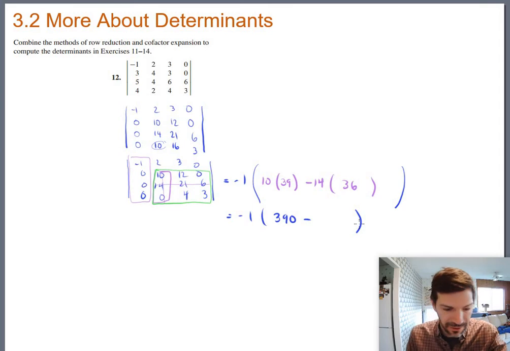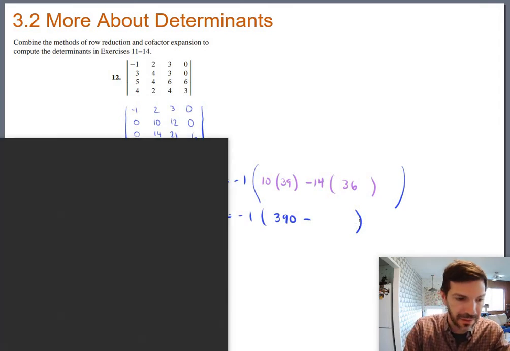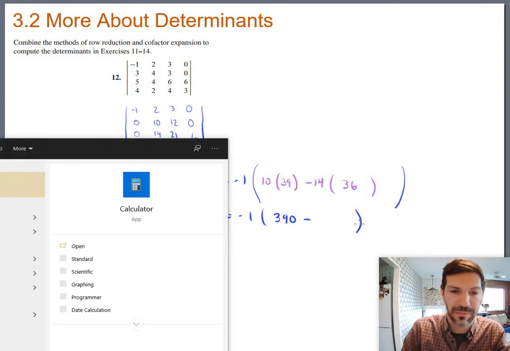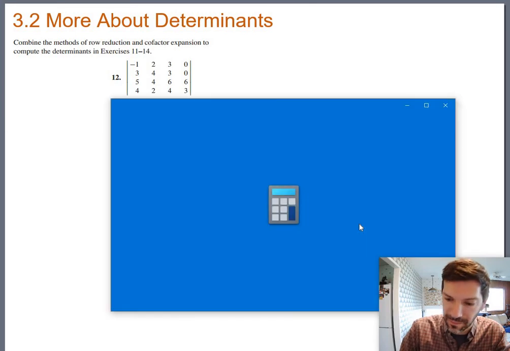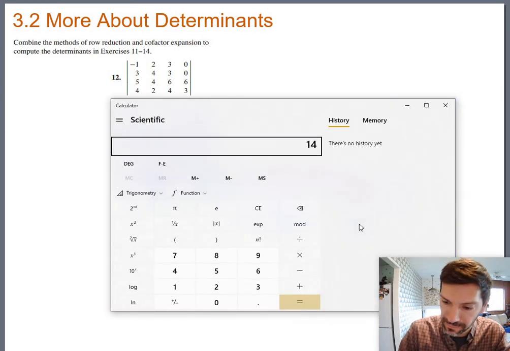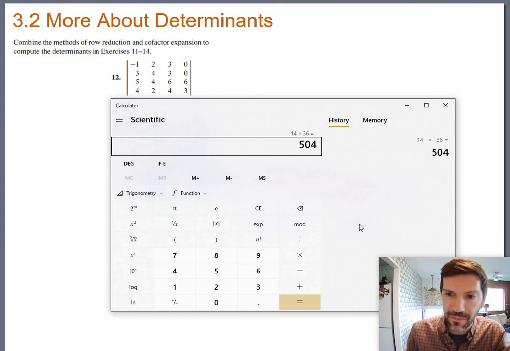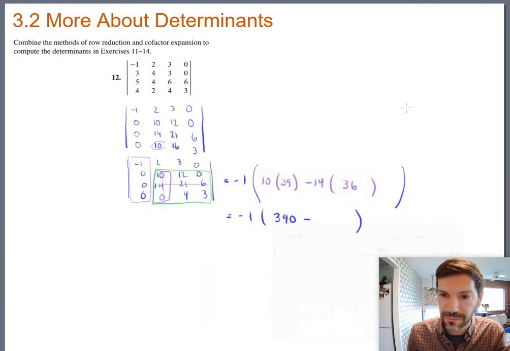What's 14 times 36? 504. And then 390 minus 504 is -114. So I think this whole thing comes out to positive 114.